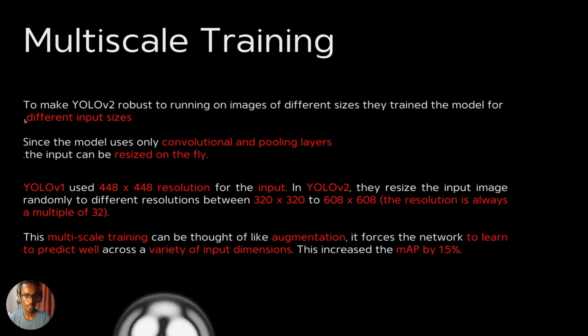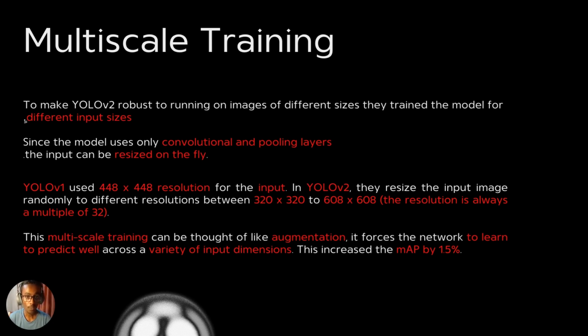Since most of the architecture of the YOLO V2 model is just convolutions and pooling layers, you can just change the resolution of the image without affecting the model. YOLO V1 used an input resolution of 448 by 448.